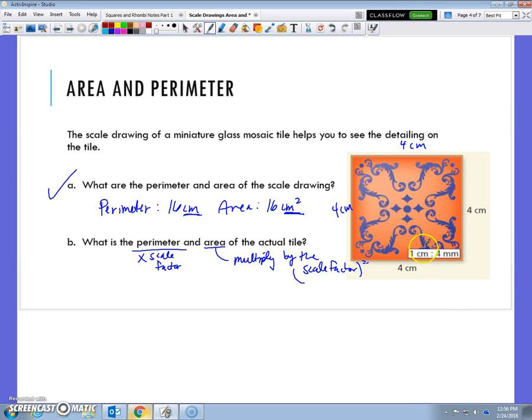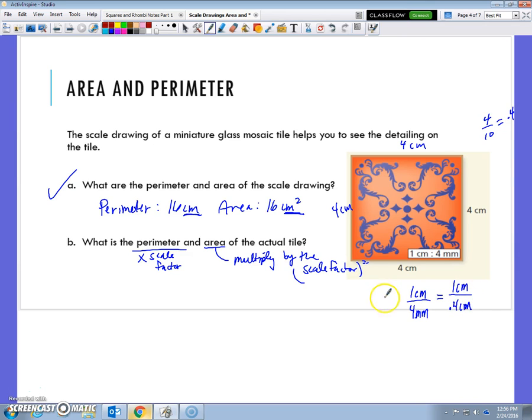So again, I should get a decimal here because I know this scale drawing is bigger than the actual tile itself. So if I have 1 centimeter comparing to 4 millimeters, and I know that there's 10 millimeters in every centimeter, then I would do 4 divided by 10, which equals 0.4. So really every 1 centimeter is 0.4 centimeters in real life.